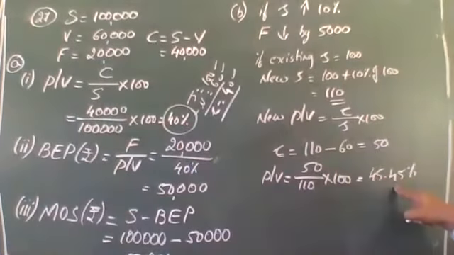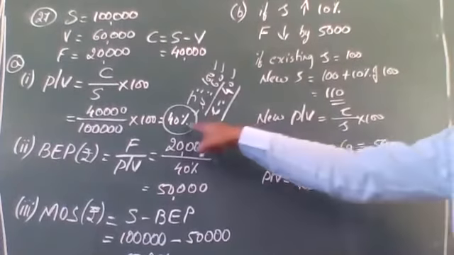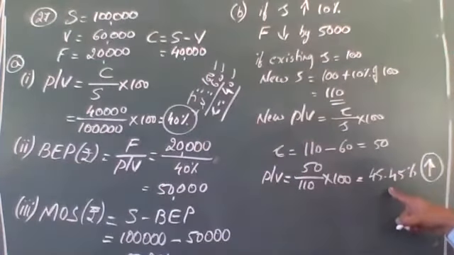What happened to the present PV ratio? 45.4545%. Now you tell me whether the PV ratio has increased or decreased. PV ratio has increased. This is the impact. This is what he is asking you. The PV ratio has increased from 40% to 45.45.